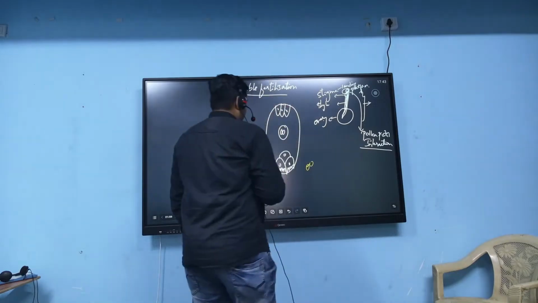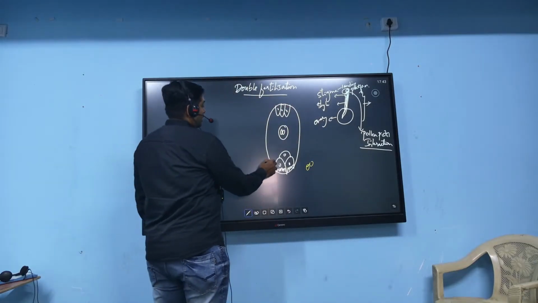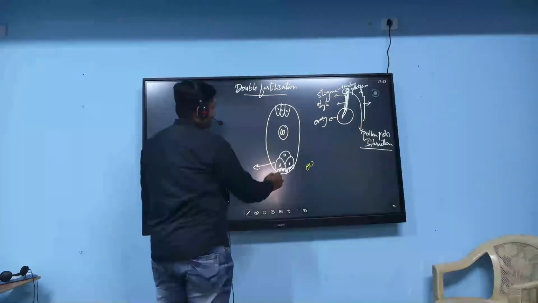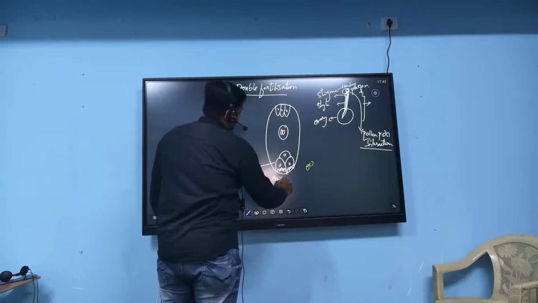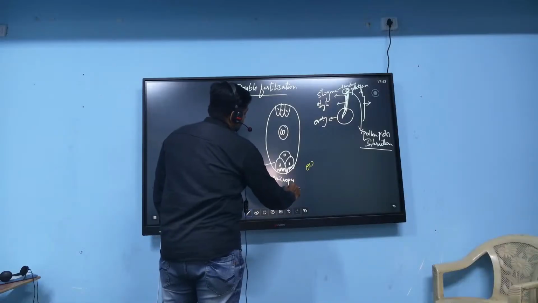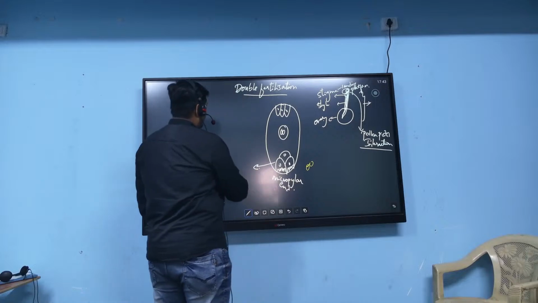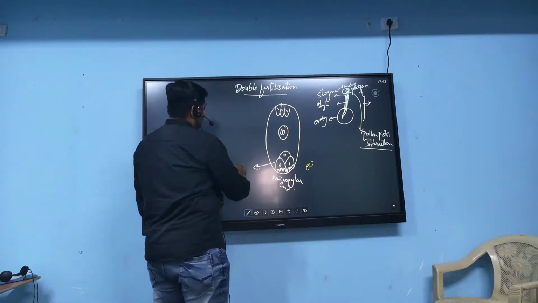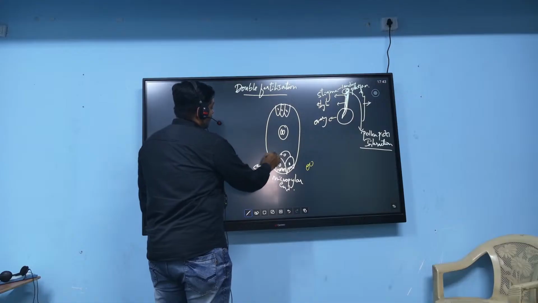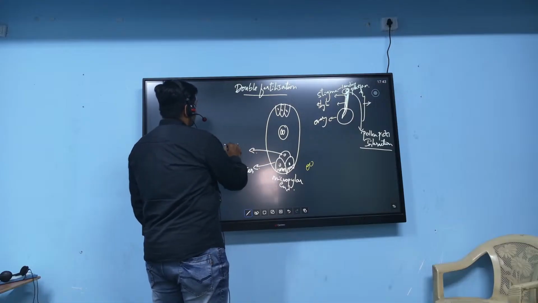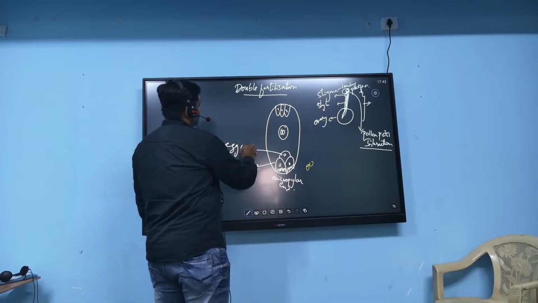In the embryo sac we are able to see two cells at the micropylar end, called synergid cells. One cell is called the egg cell.